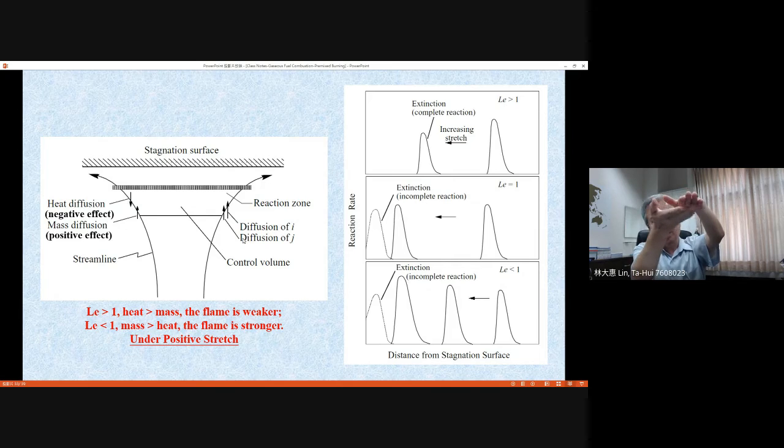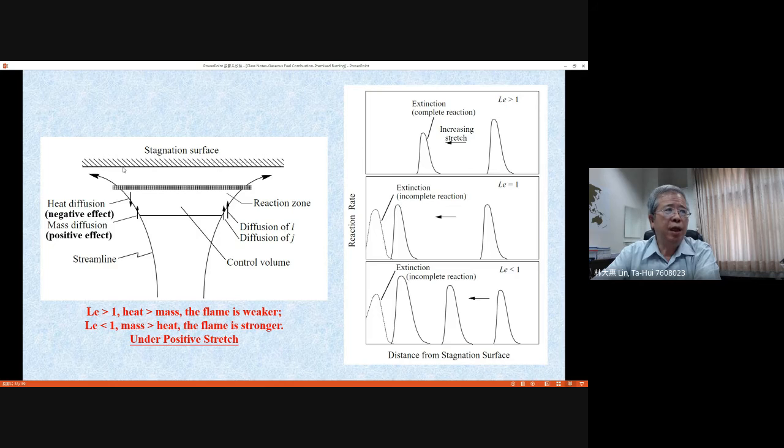The virtual stagnation plane is different from the solid plate. The virtual stagnation plane will not give you any heat loss, but there is a different issue. When these two flames cross, incomplete combustion may be the most important one, because they do not have space to finish the chemical reaction. Then they collapse together, and then there is flame extinction.